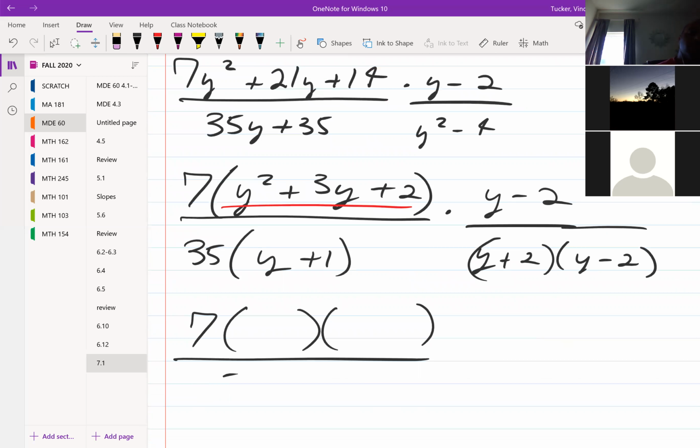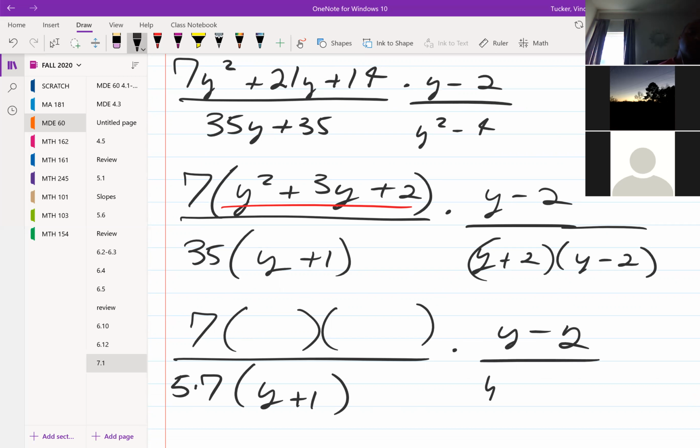Might as well write that 35 is 7 times 5. All right, so in that trinomial, y times y gives me y squared. And I need factors of 2 that will add together to give me 3, and that'll be a plus 2 and a plus 1.